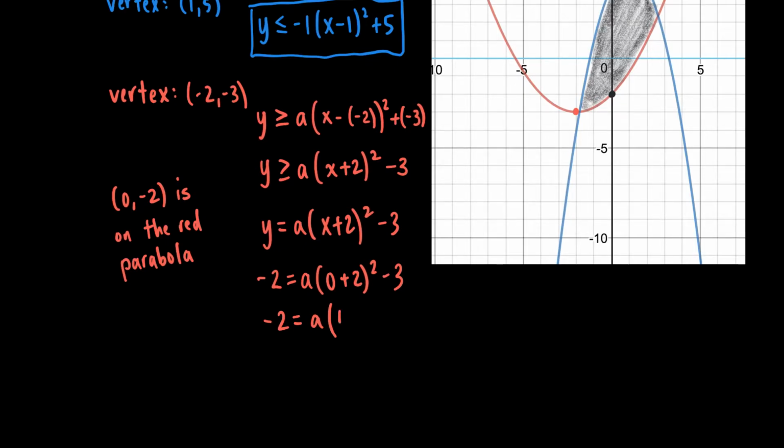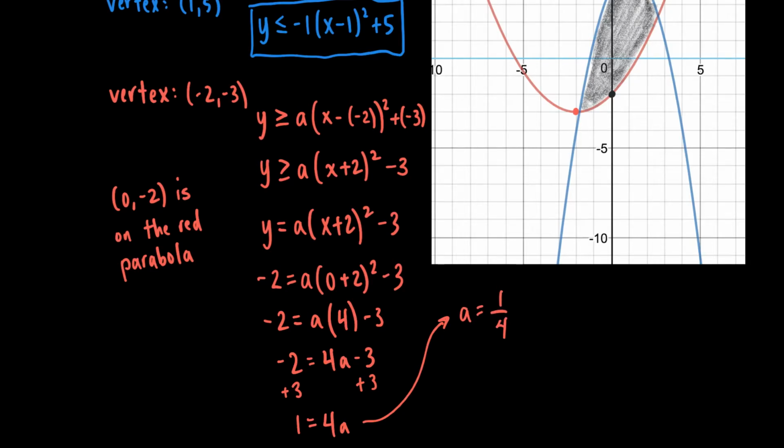If you square that, you get 4 minus 3. So -2 is really just 4a minus 3. So if we add 3 to both sides, we'll get 1 is equal to 4a, which means that a is 1/4 if you just divide by 4 on both sides. Okay, so a is 1/4.